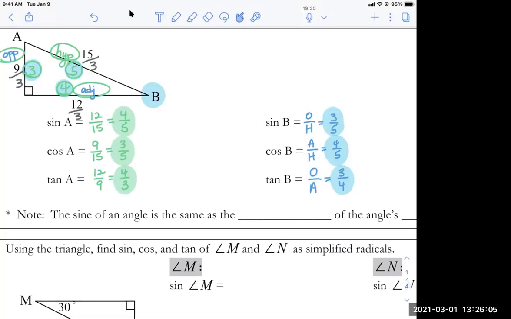Wouldn't it be a Pythag triple? Okay, so yes, 3, 4, 5 is a Pythagorean triple. That's true. I would like to know something that you observe about the numbers over here compared to the numbers over here. They're reciprocals. Are all of them reciprocals?